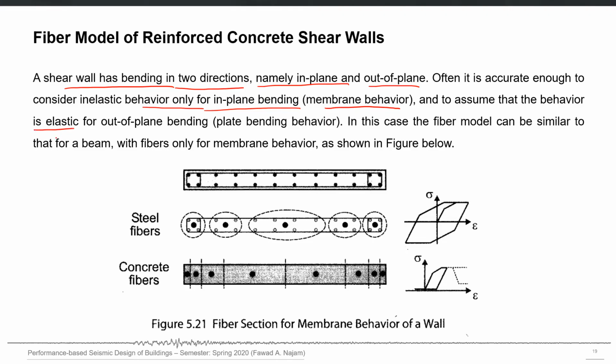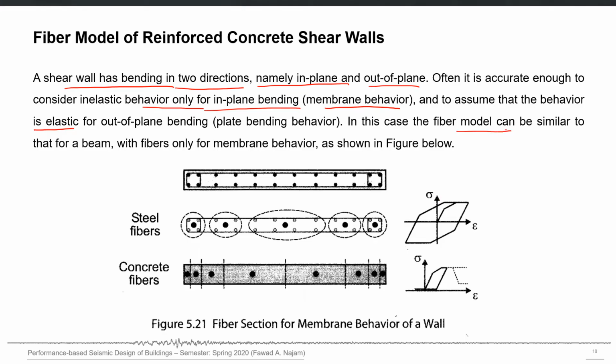Just like for beams, where we leave out-of-plane bending as elastic and only make the primary bending axis nonlinear, here also we just make the in-plane action nonlinear by applying fibers. But for out-of-plane bending, we leave it as elastic.